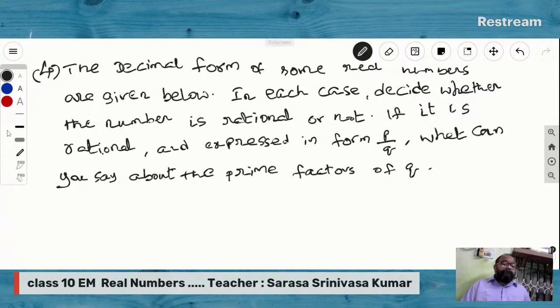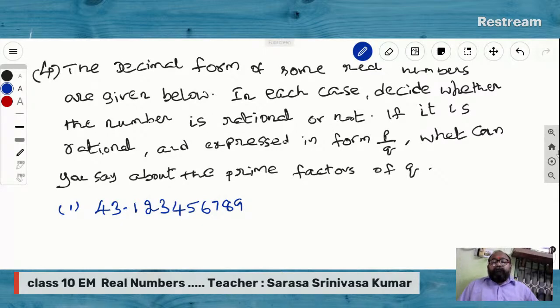First problem, 43.123456789. Now we read the problem.